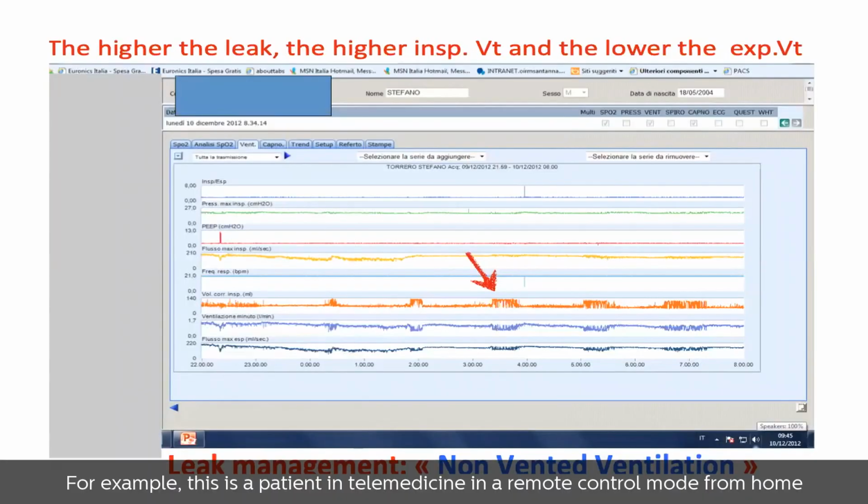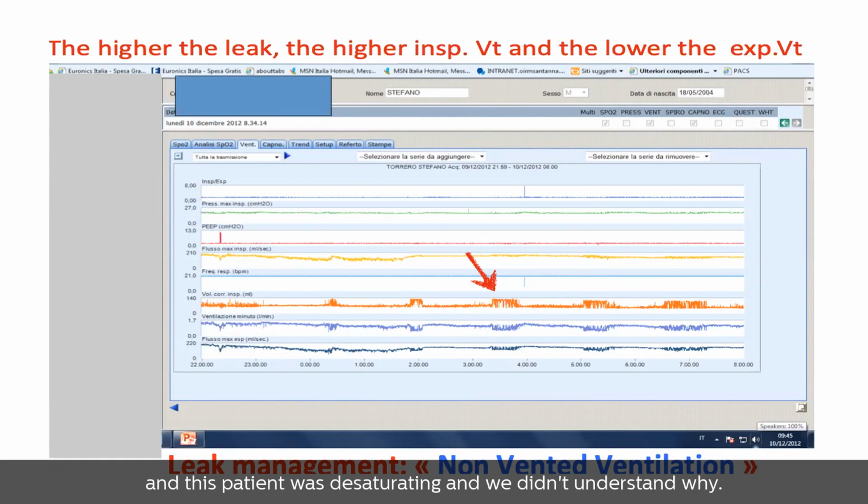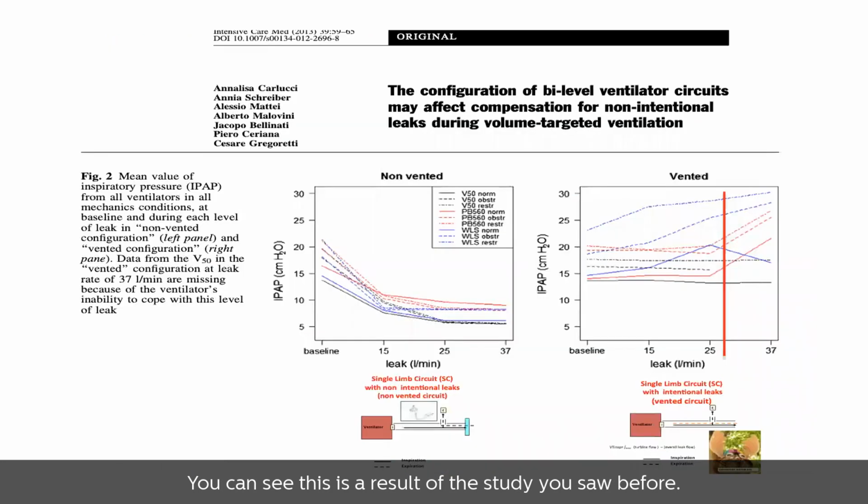For example, this is a patient in telemedicine, in a remote control mode from home, and this patient was desaturating, and we didn't understand why. Then we noted the patient was on a non-vented ventilation with a valve. Tidal volume was increasing, but as you can see, expiratory minute ventilation was decreasing. This is a result of the study you saw before.